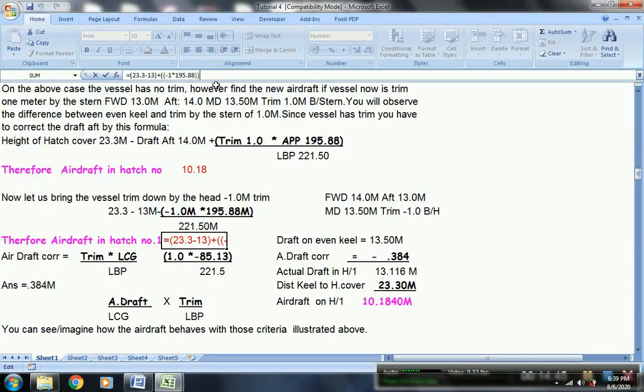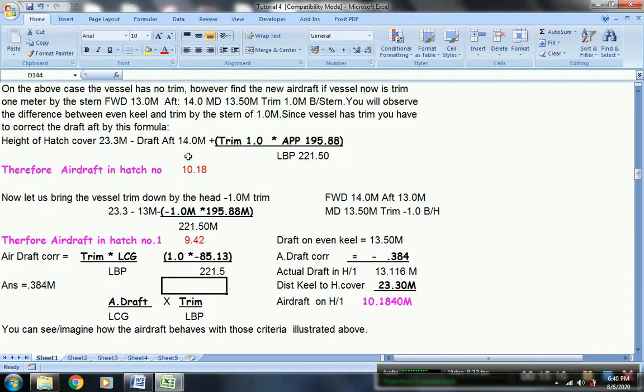Divide by the open 221.5, the length between perpendiculars, which was missing. So that is 9.42. So imagine 9.42 against 10.18. This is the airdraft in hold number 1 when the vessel is trimmed down by the head.